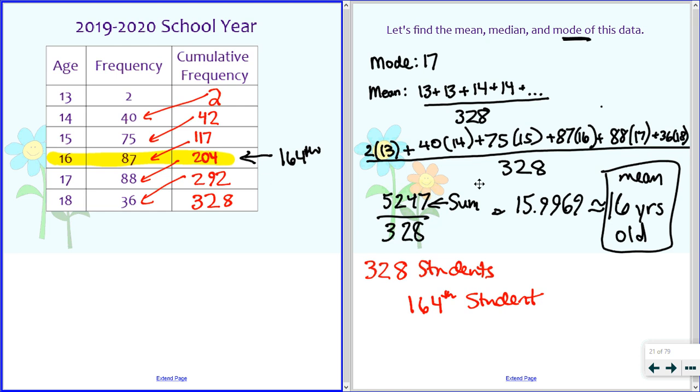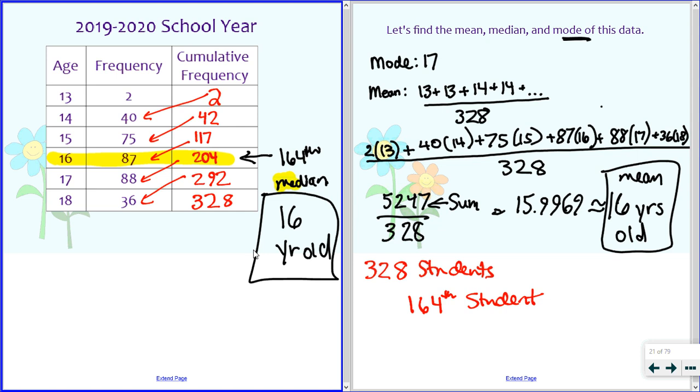So the 164th student, which is right next to the median, is the 16-year-old.